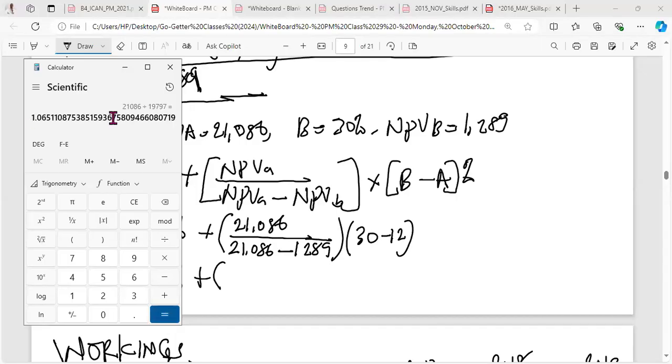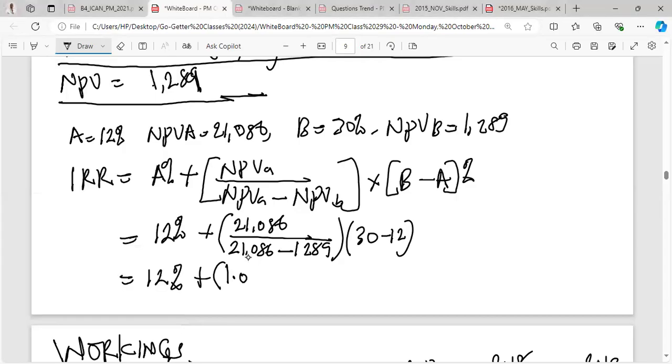Now everything here is 1.0651, multiplied by 30 minus 12, which is 18.